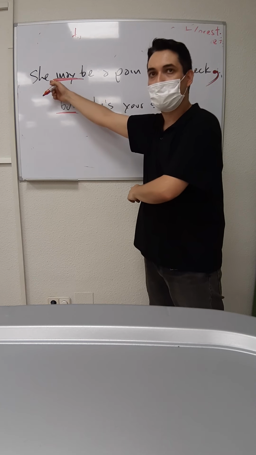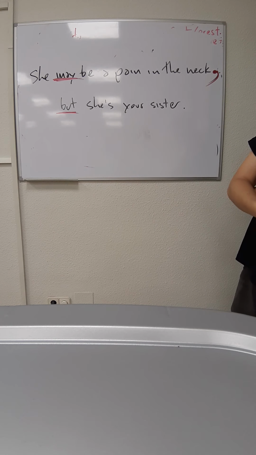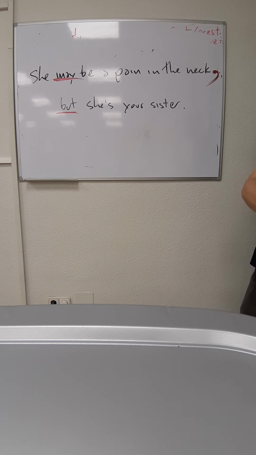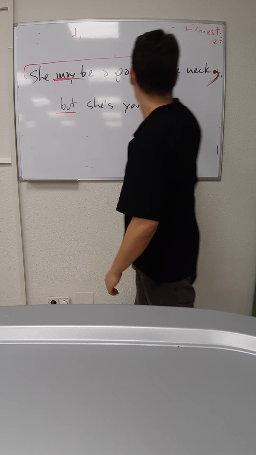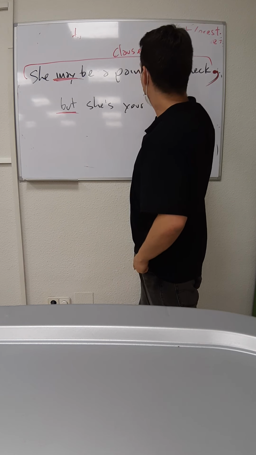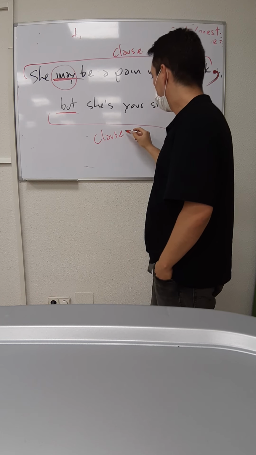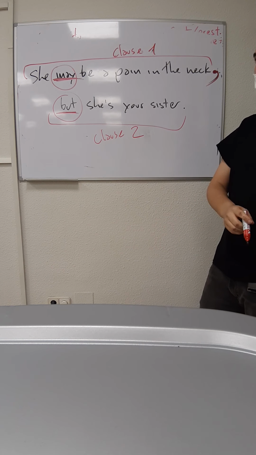What would you say is the relationship between the first sentence and the second sentence? Is it a continuity of the same idea or a contrast? It is a contrast. So we can use may before a clause with but. This is clause 1 with may, and this is clause 2 with but. I'm establishing a contrast.